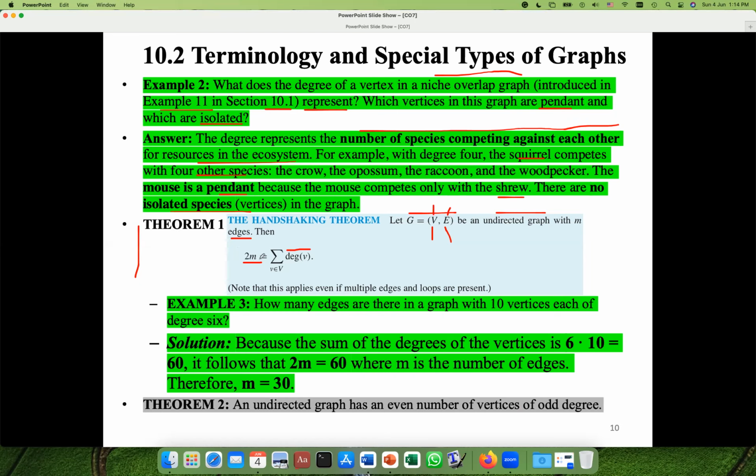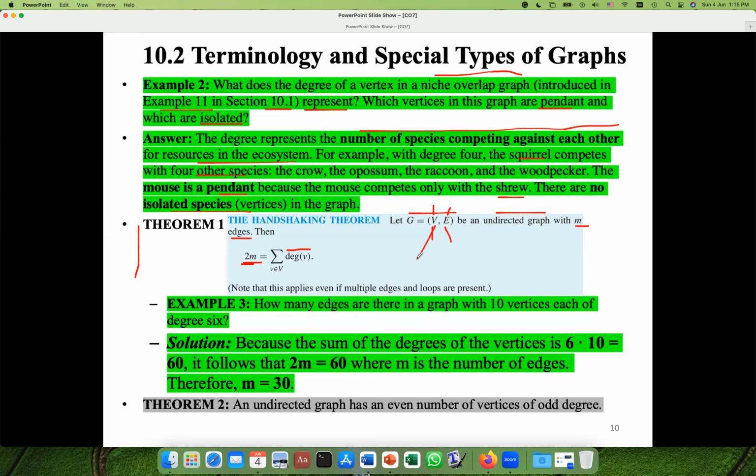What this equation is saying is that if you have m edges in that graph, you can double the number of edges. That would be equal to the total number of the degrees of all the vertices available in that graph.